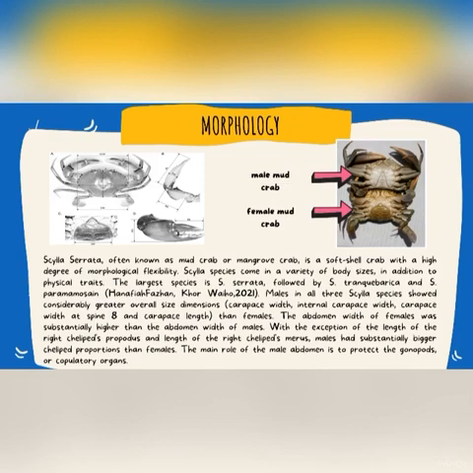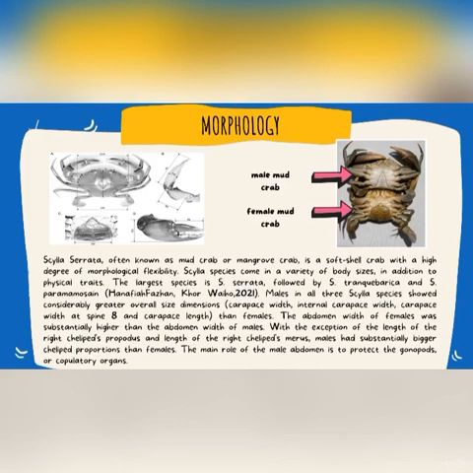The largest species is Scylla serrata, followed by Scylla tranquebarica and Scylla paramamosain. Males in all these Scylla species show considerably greater overall size dimensions, which are carapace width, internal carapace width at spine 8 and carapace length, than females.